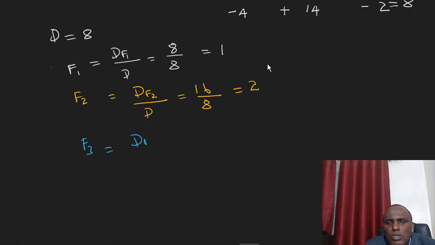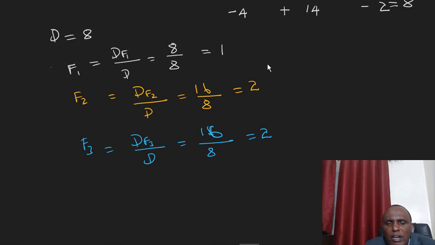And we work out F3. F3 is equal to dF3 divided by D. dF3 is equal to 16 divided by D, which is 8. So 16 divided by 8, you get 2.